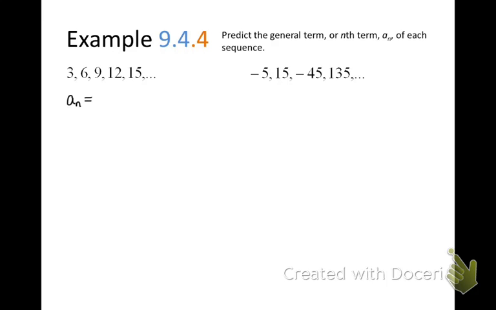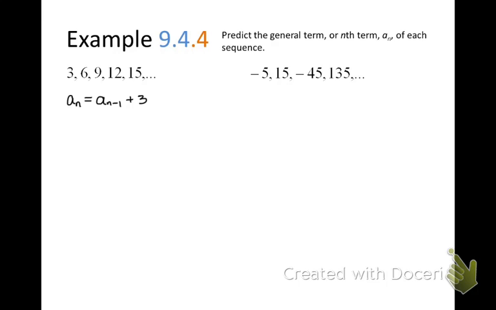So first of all, how would I write the previous term in general? If I'm looking for a sub n, what is the term right before it? A sub n minus 1, right? And what do I want to add to a sub n minus 1? And is that the pattern every single time? Okay, so this is when recursive is easier, right? It's easier for me to write a recursive formula when I see the sequence already. And it's harder now to write an explicit. But again, explicit is easier to plug back into in the end, right?